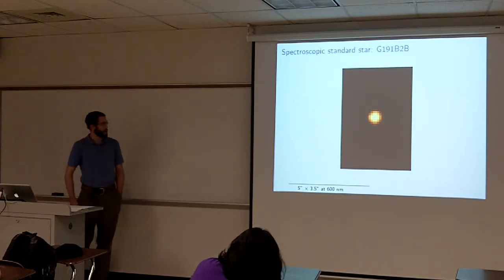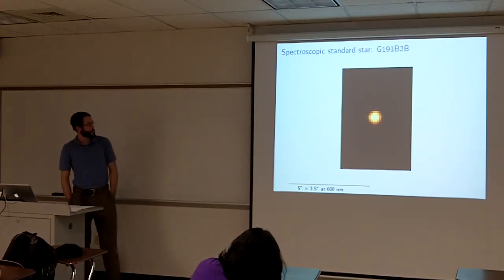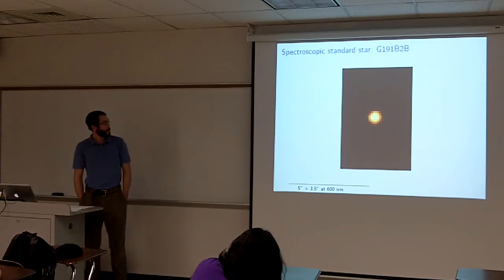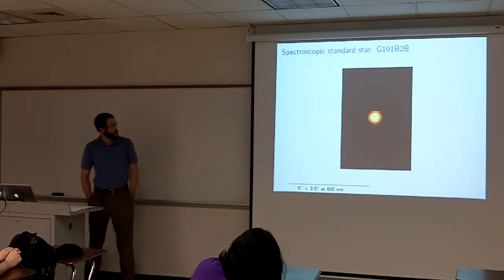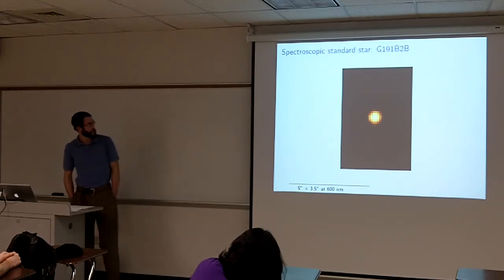And this is what I ended up getting. This is a 5 arcsecond by 3.5 arcsecond field of view at 600 nanometers, and this is the final product of the standard star, which is a fairly nice point source.